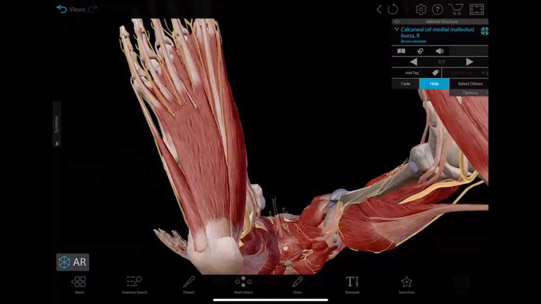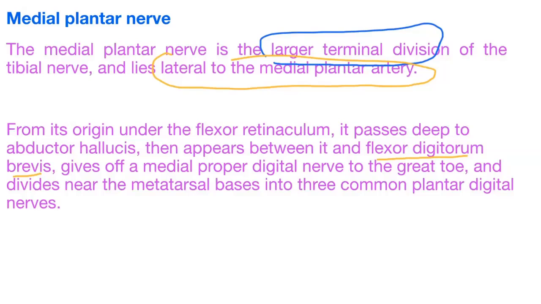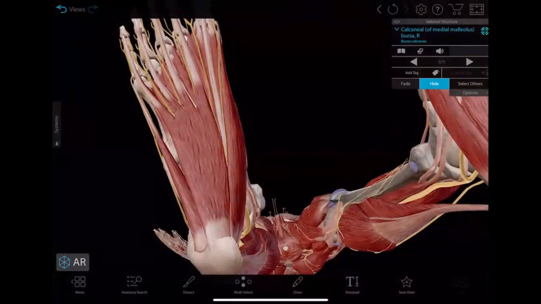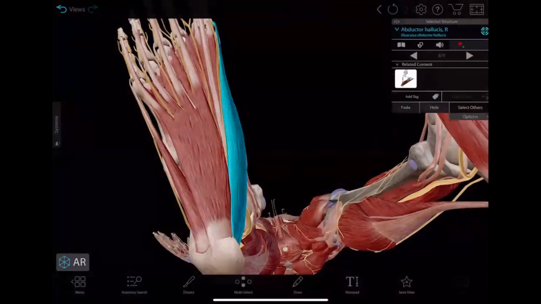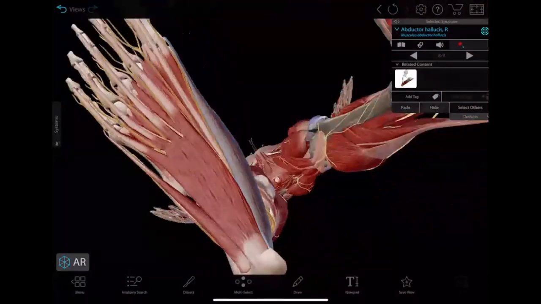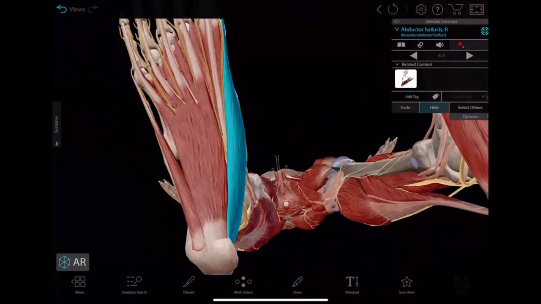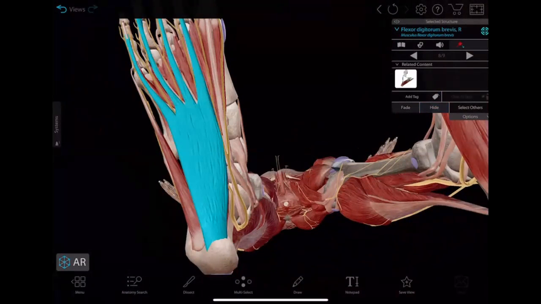So what we have read, it passes deep to the abductor hallucis and then appears between abductor hallucis and flexor digitorum brevis. It gives a medial proper digital nerve to the great toe, right? This is the abductor hallucis. We'll hide it. This is flexor digitorum brevis.